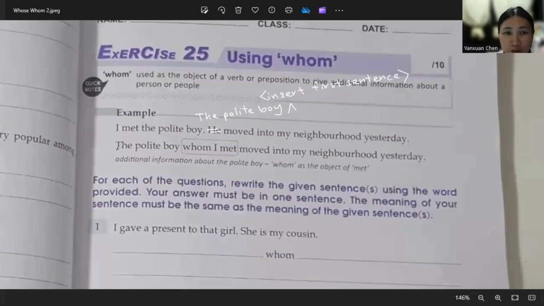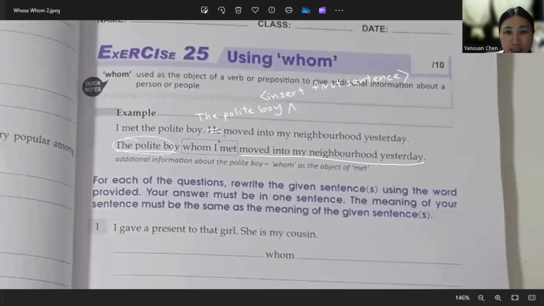Okay, so after the polite boy, you should insert the first sentence. So this is the first sentence. So first you connect it with whom. Then you connect it with an action that you did to the polite boy.